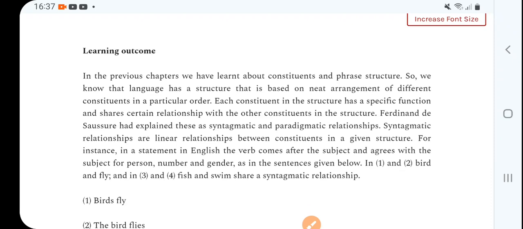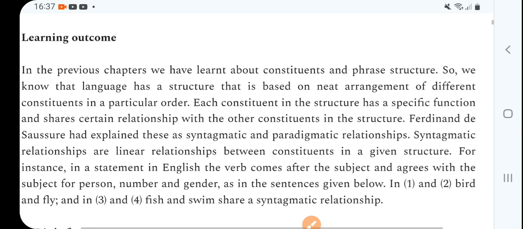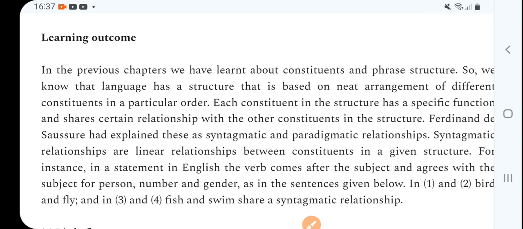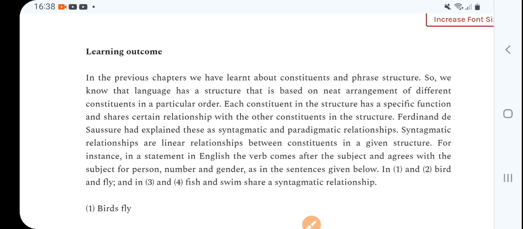According to this text, the learning outcome is that in the previous chapter we learned about constituents and phrase structure. I had already discussed that constituents are meaningful words, and a phrase is a group of words which does not have a subject and verb.